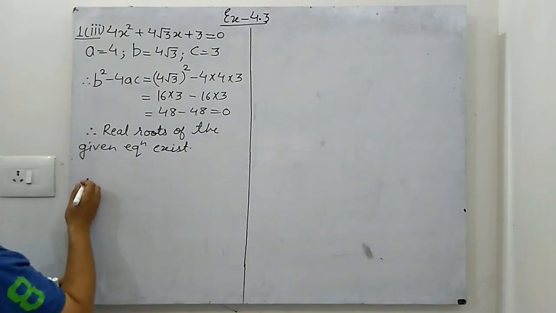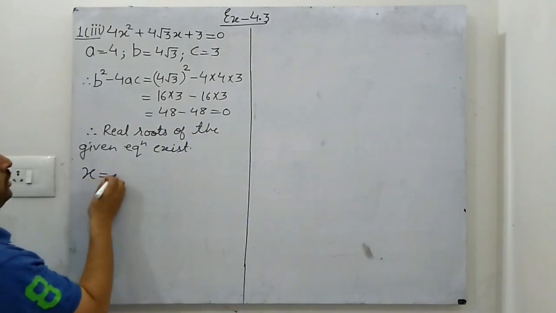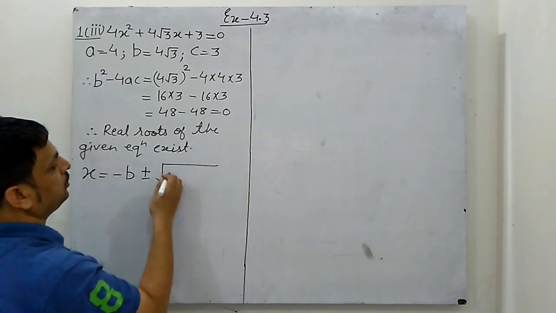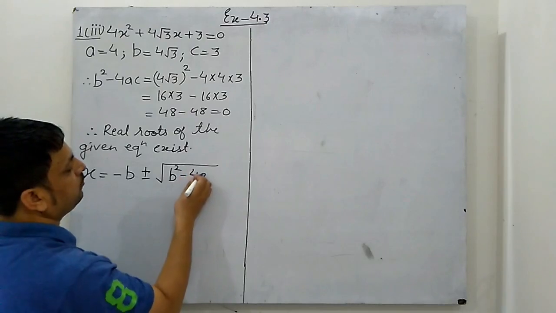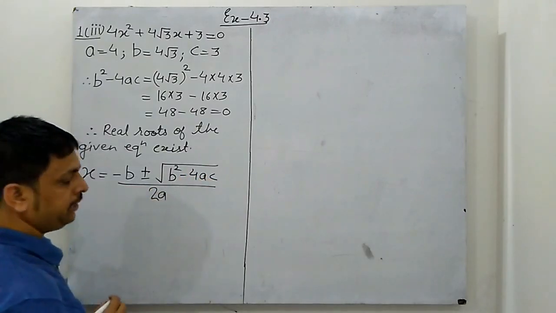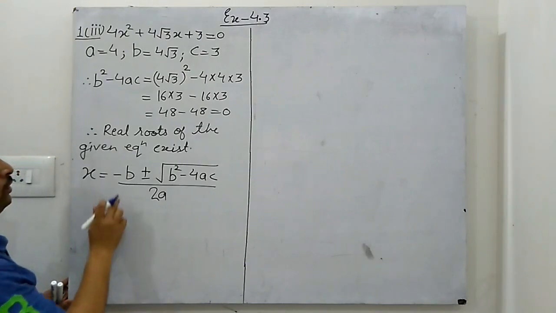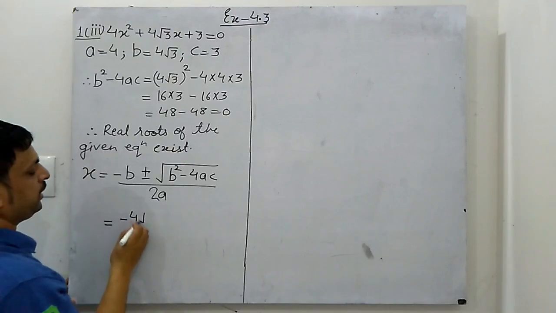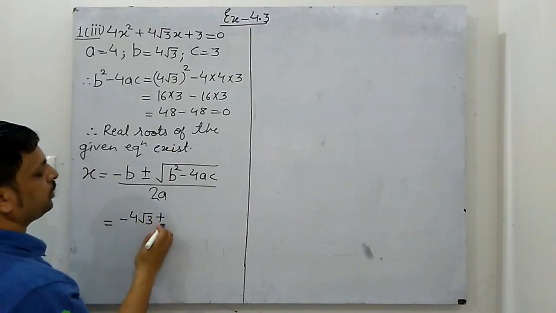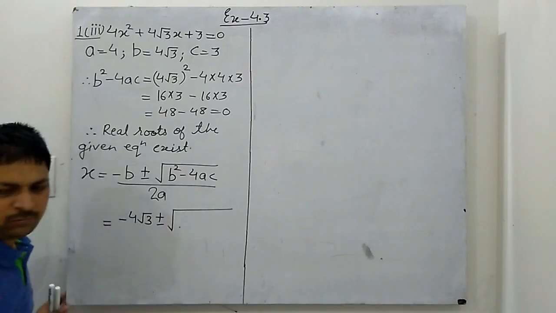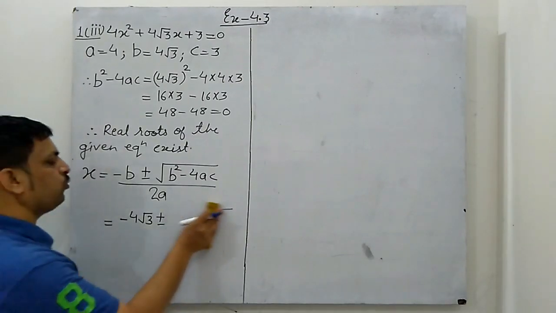So we will apply the quadratic formula. And what is the quadratic formula? Minus b plus minus under root b square minus 4ac upon twice of a. Now we can put the values. Minus b, the value of b is 4 root 3, so minus 4 root 3 plus minus under root b square minus 4ac, which we can put directly.